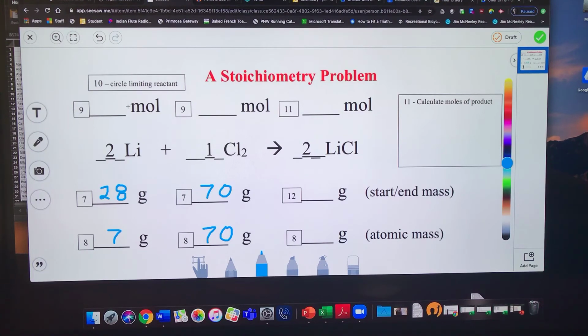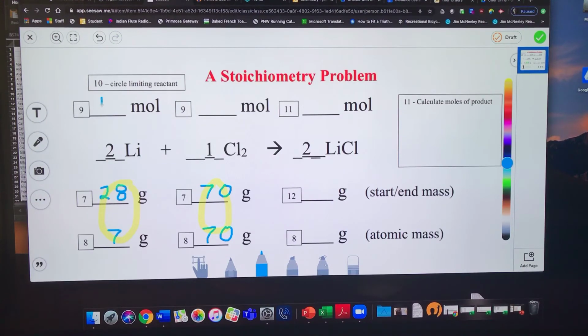Okay, so what we're going to actually do is take this right here and this one right here, and do a division problem with that. 28 divided by 7, and write the answer up here.